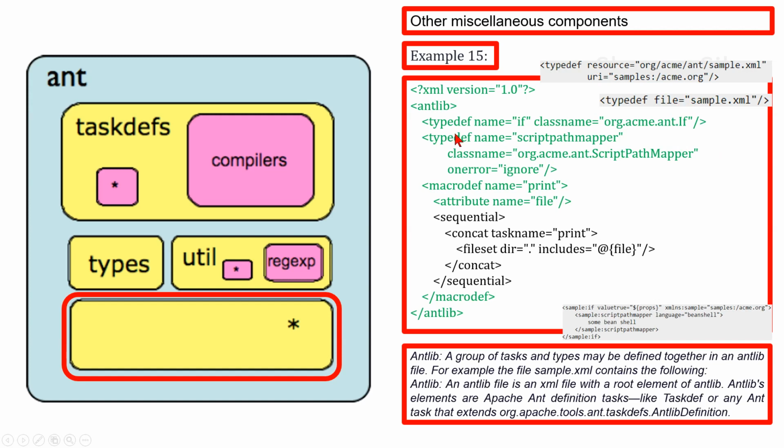For example, assuming that sample.xml is in a jar file, sample.jar, also containing the classes, the following build fragment will define the script path mapper tasks and types and place them in the namespace URI samples:/acme.org.